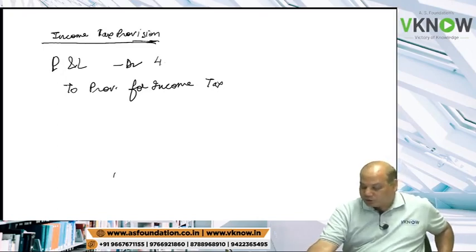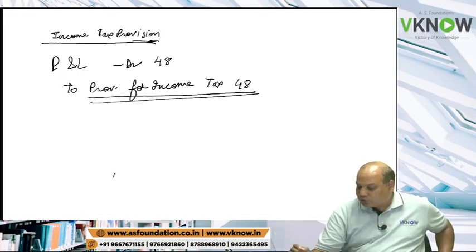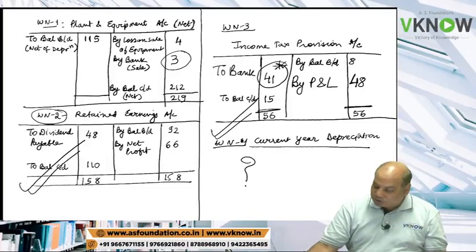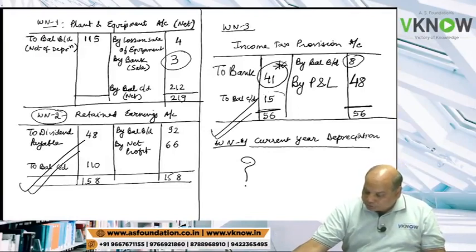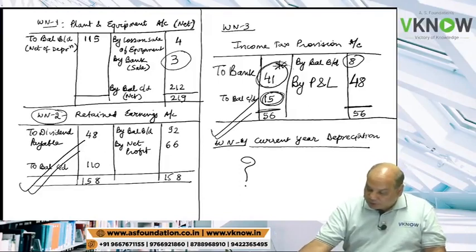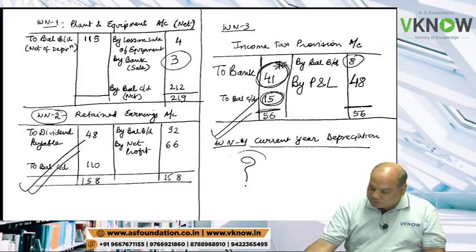The entry is P&L account debit 48, provision for income tax 48. If you look at the income tax provision account, the opening and closing balances are not the same, which means what is provided in the P&L account is not equal to what is paid, and therefore the balancing figure is the payment made.